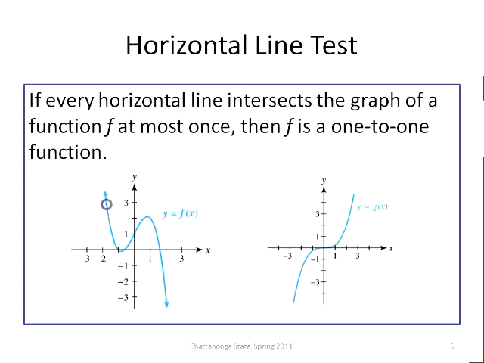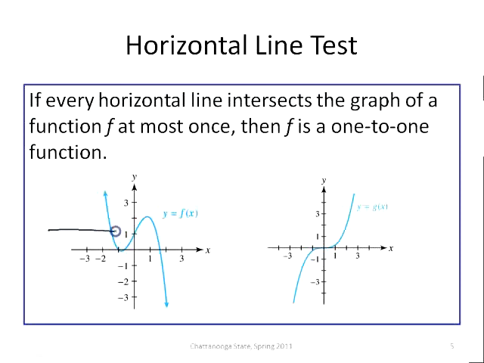So here we want to see if there's any horizontal line that I can draw on my graph that touches my graph more than once. If a horizontal line touches the graph more than once, then it is not one-to-one. If it only touches it once, it is one-to-one.